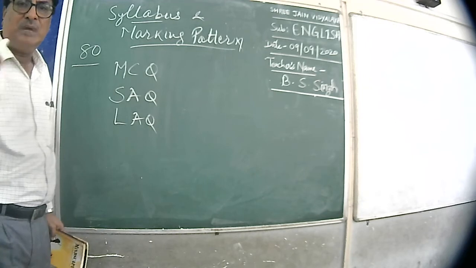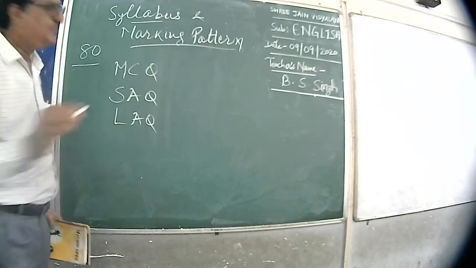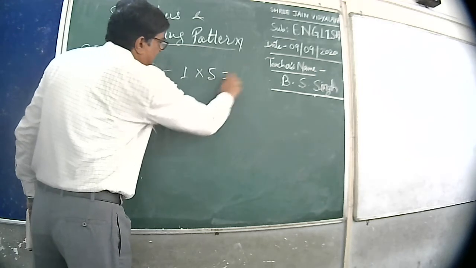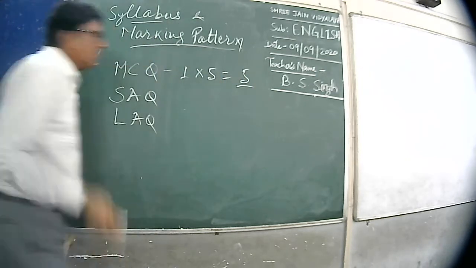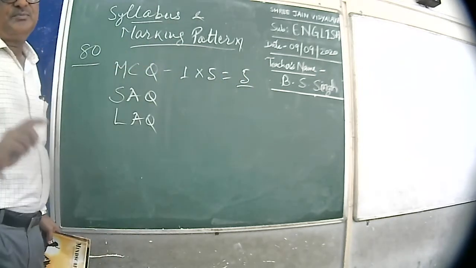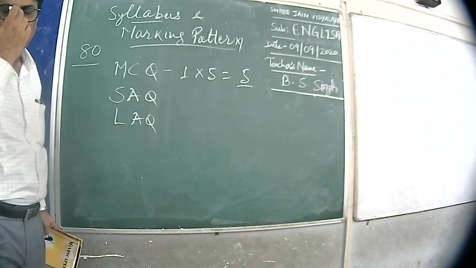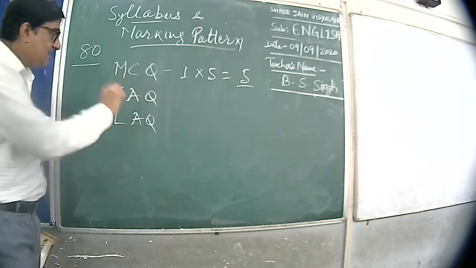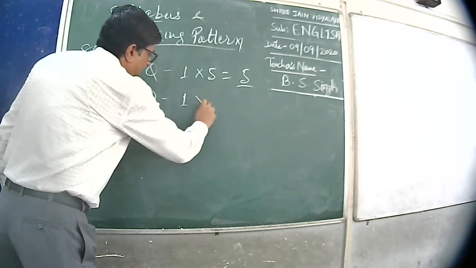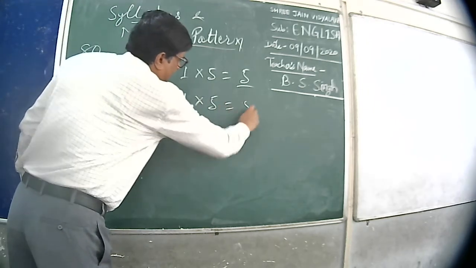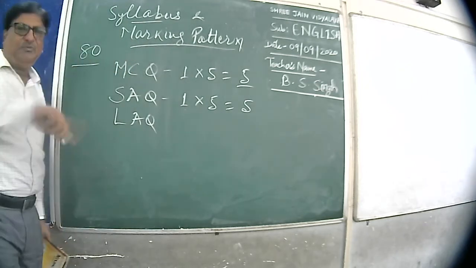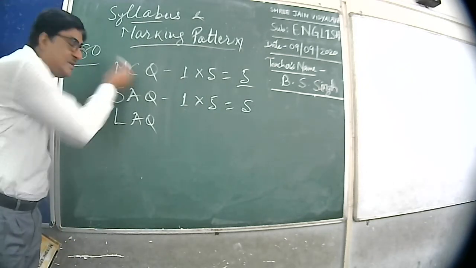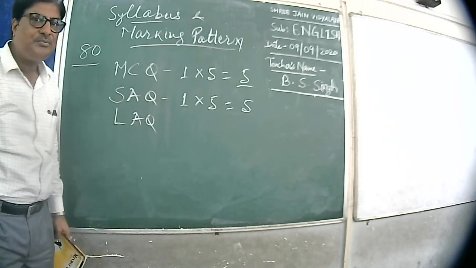MCQ, multiple choice questions, and it is for 1 mark each. 5 questions will be given for 1 mark each and for 5 marks. SAQ, again for 5 marks. What is the difference between MCQ and SAQ?